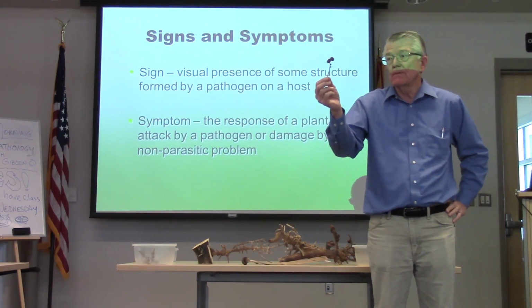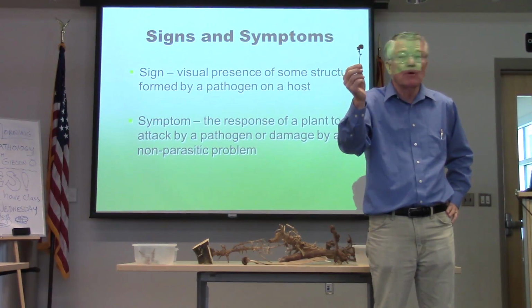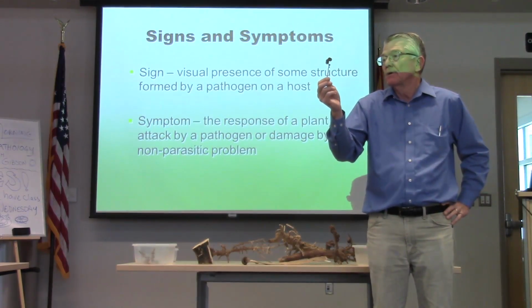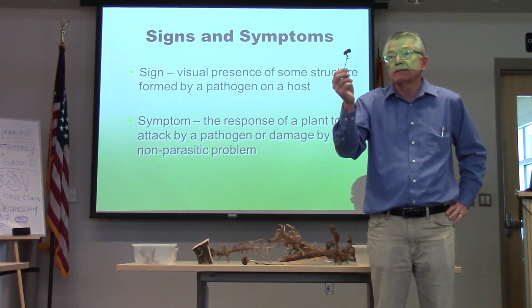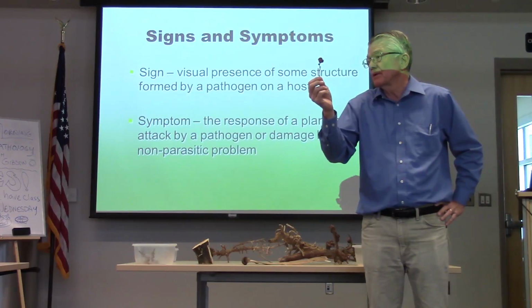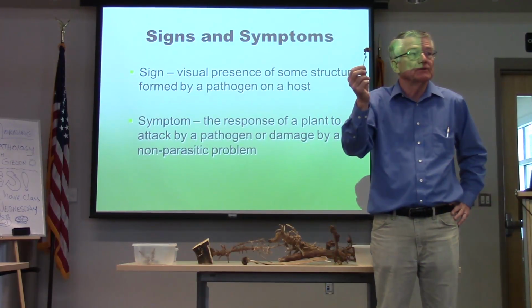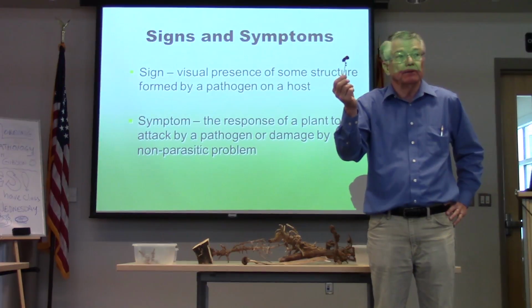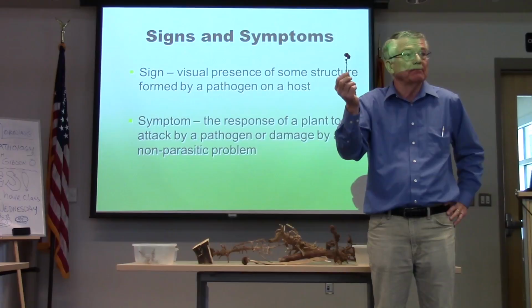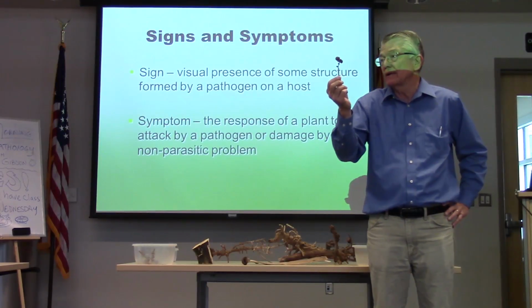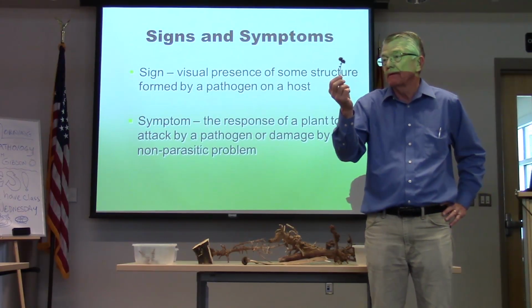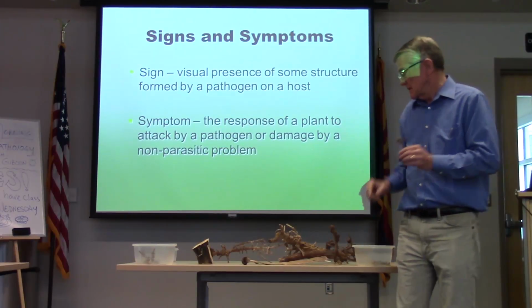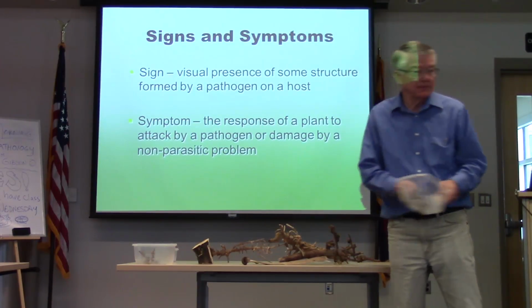When we see that kind of symptom growing on oleander, we pretty much know that that's about the only symptom that's going to be caused by that particular disease. So we pretty much know that that plant is infected with a bacterium called the oleander gall. Signs and symptoms.